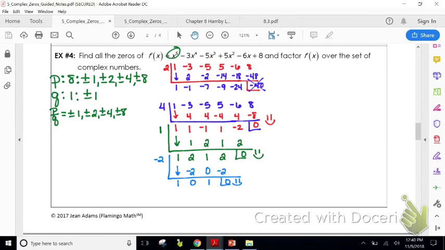All right, so what this tells me here then is now I'm down to x squared. I don't have an x, so I'm not going to write it. Plus 1, right? But remember, if you're looking for zeros, you can set that equal to 0 and solve, can't you? So we know that x squared plus 1, set it equal to 0 and solve for x.